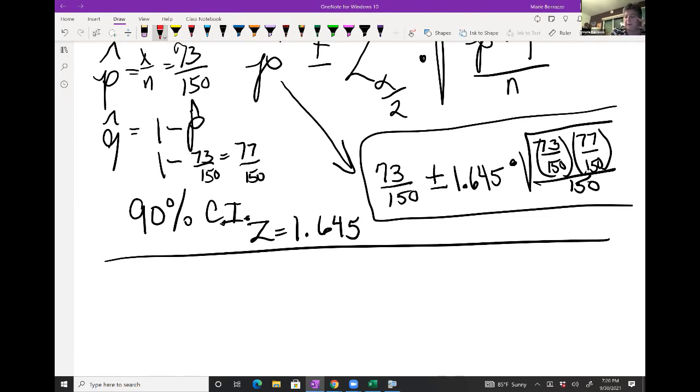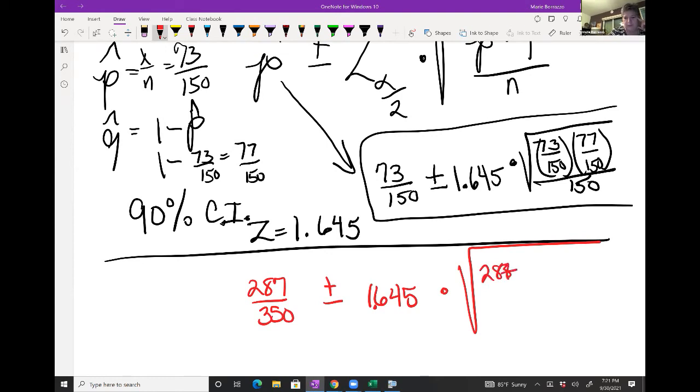So you start with p hat, 287 over 350, plus or minus the critical value of 1.645 times the square root of 287 over 350 times the 63 over 350, and all of that over 350. That will give you the answer you're looking for.